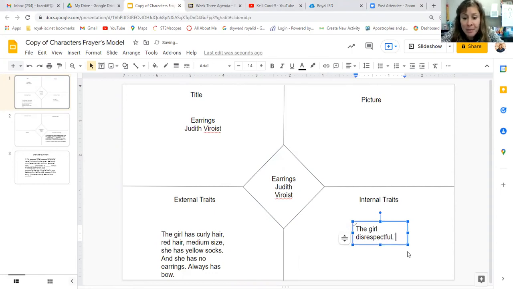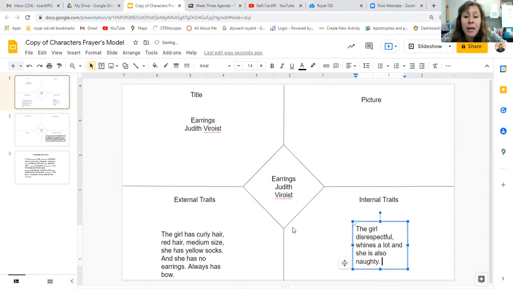She kind of reminds me of a baby because she's whining a lot. She whines a lot. And she is also naughty.